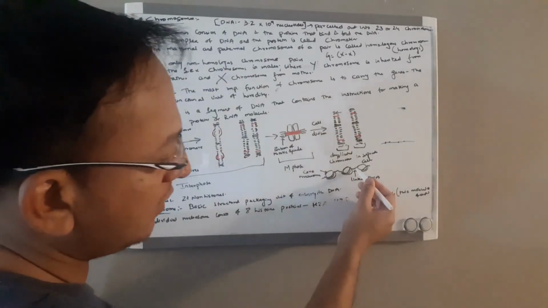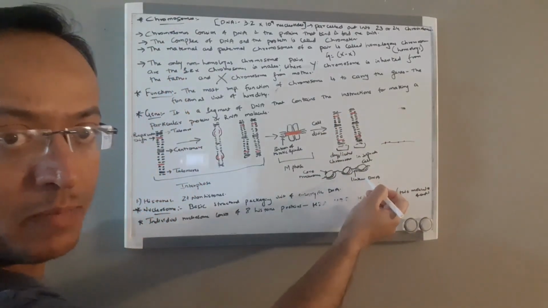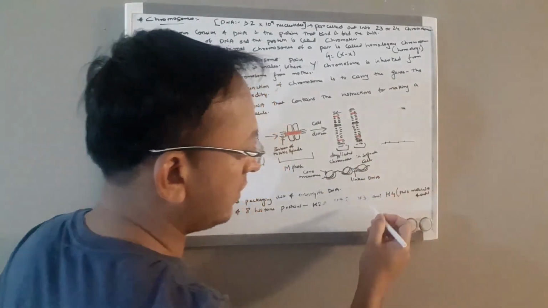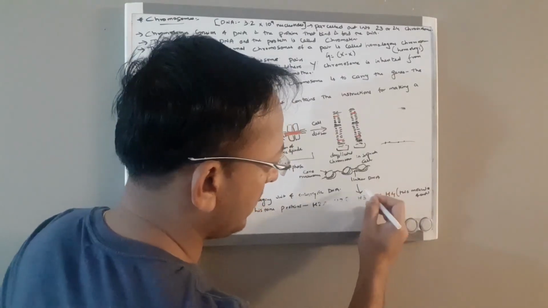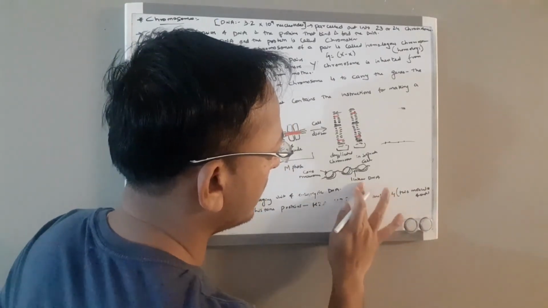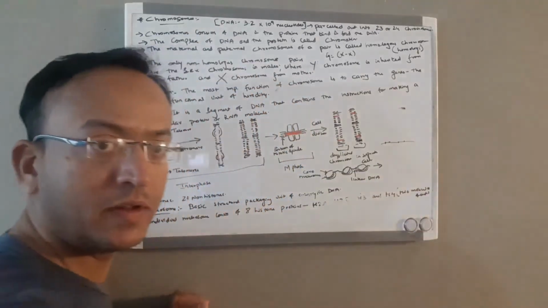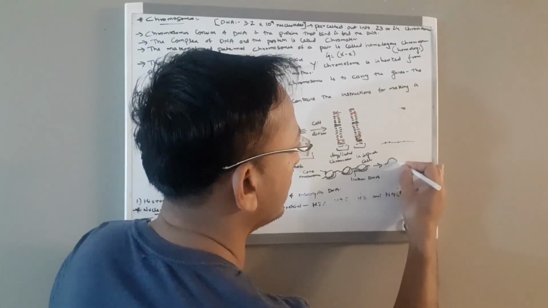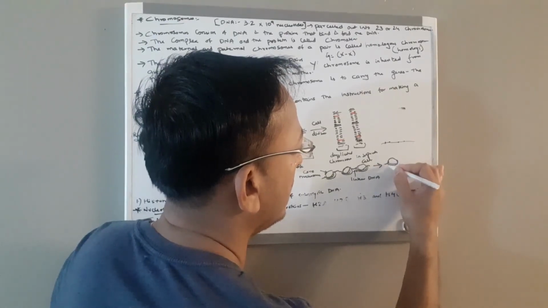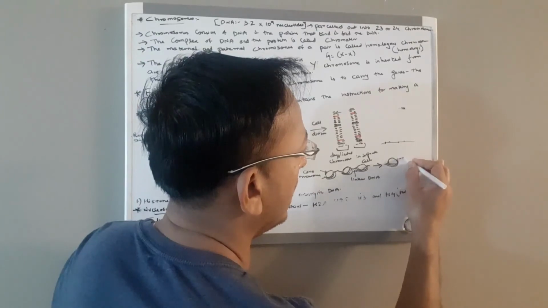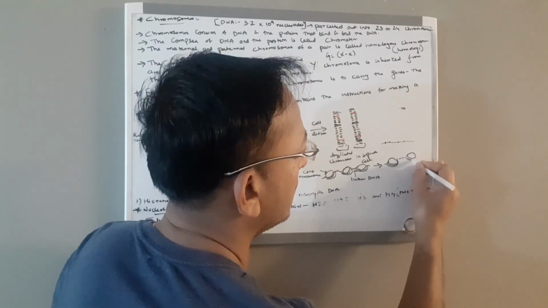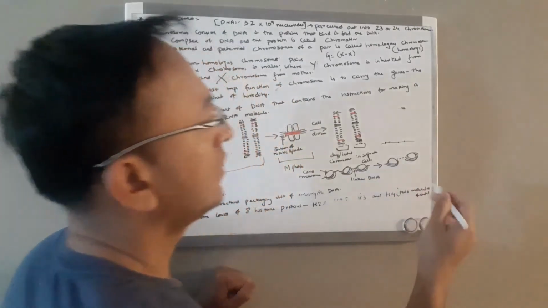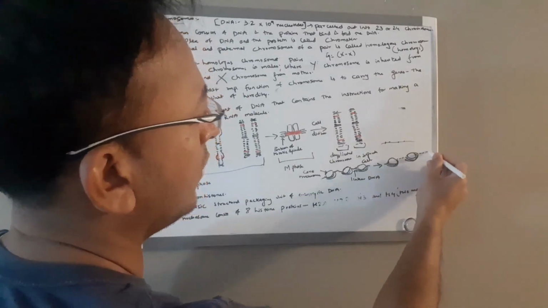In the test tube, the linker DNA can be digested by nuclease digestion. So after digestion we'll have just this, the core, right?